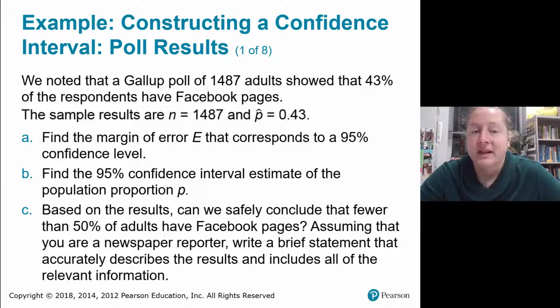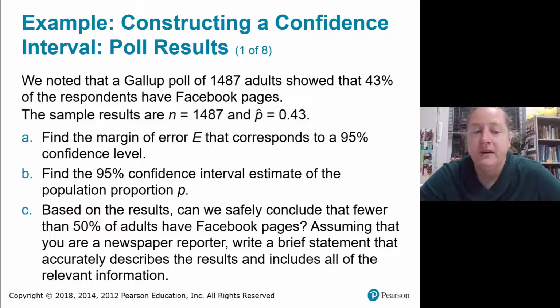This Gallup poll of 1,487 adults showed that 43% of the respondents have Facebook pages. So our sample results are n equals 1,487 and p hat is 0.43. We want to find the margin of error, E, that corresponds to a 95% confidence interval.